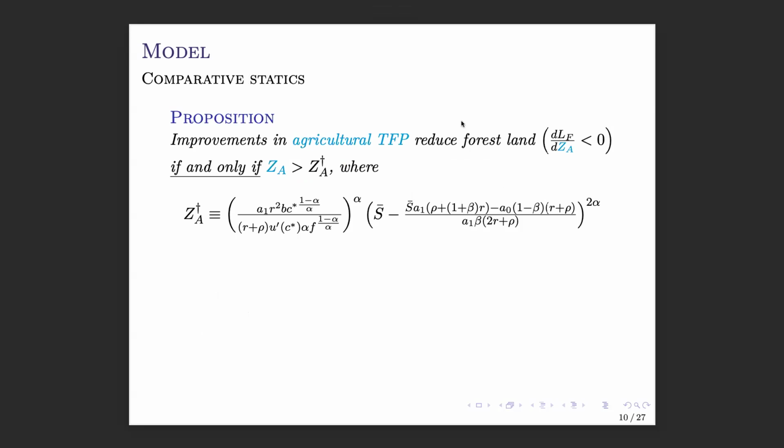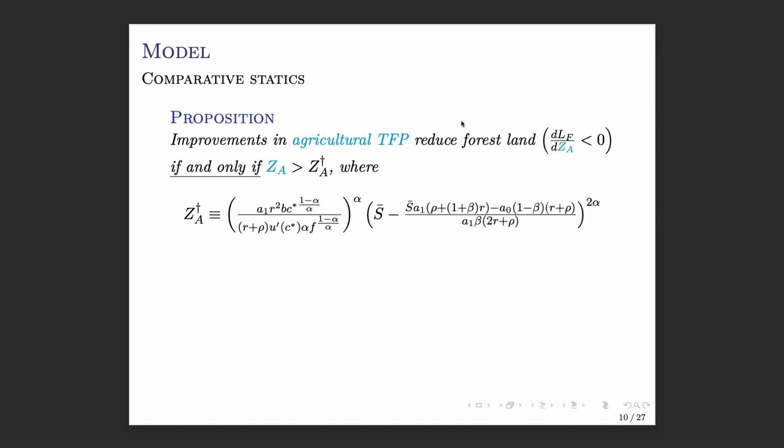So a central proposition that comes out of this, and I think this is the interesting prediction of the model, is that improvements in agricultural TFP reduce forest land if and only if the level of agricultural productivity exceeds some threshold, where I can express that threshold as an explicit function of model primitives, which you see here, most of which I've explained.